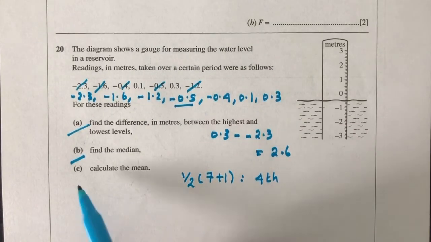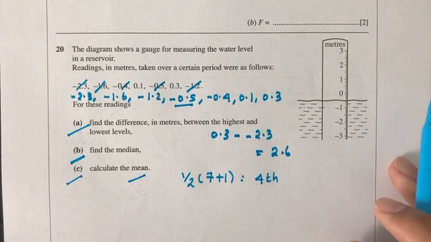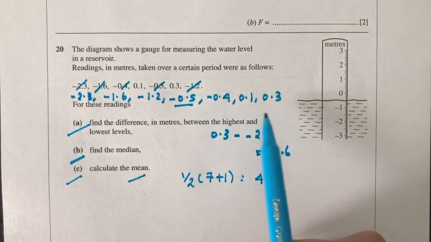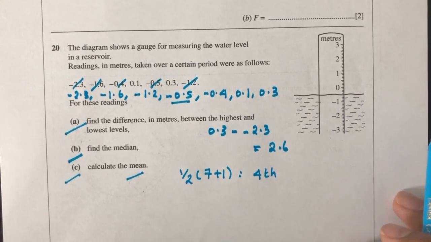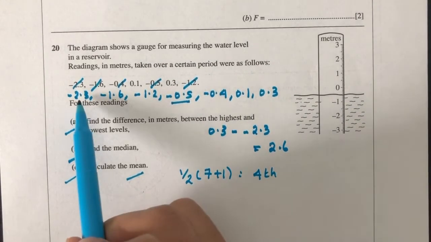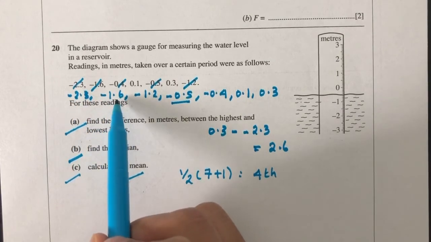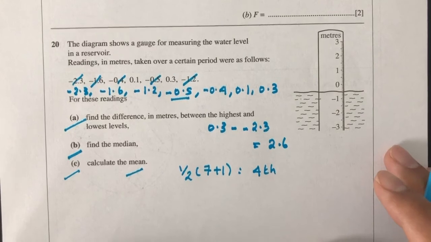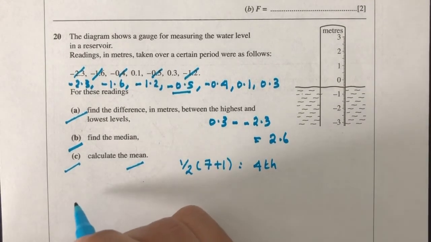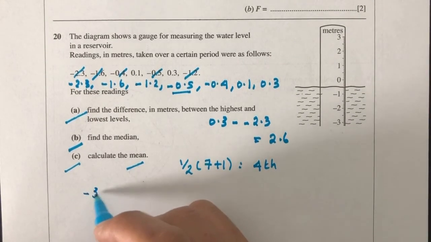Now for part C, calculate the mean value. So we have to add everything and divide by 7. Let's do one by one. Minus 2.3 add minus 1.6 will become minus 3.9.